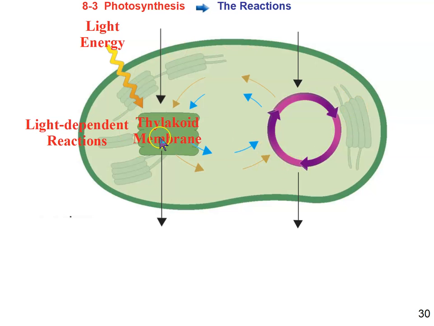And what you need to concern yourself with when it comes to these processes that take place within the chloroplast is what goes in and what comes out of each process. So what goes into the light-dependent reactions obviously is light, but also from the environment comes water. And if you recall, at the very beginning here, water is split and oxygen is released.